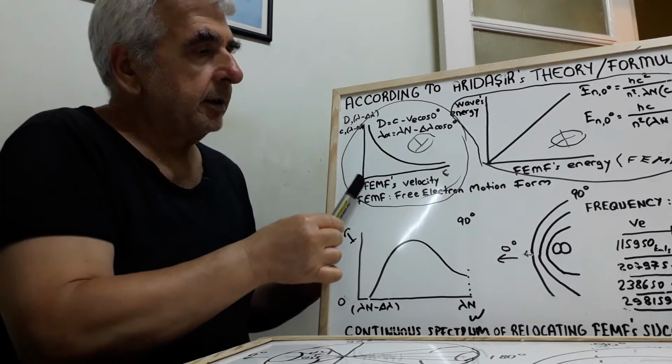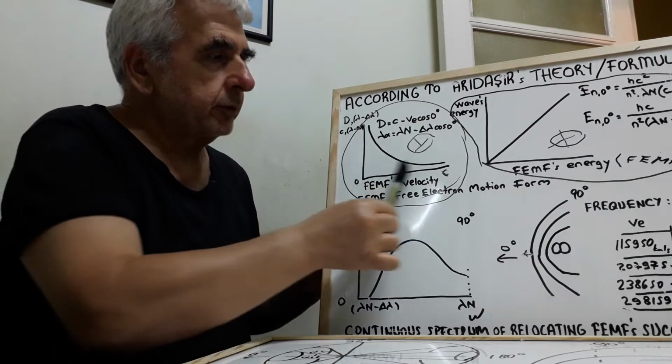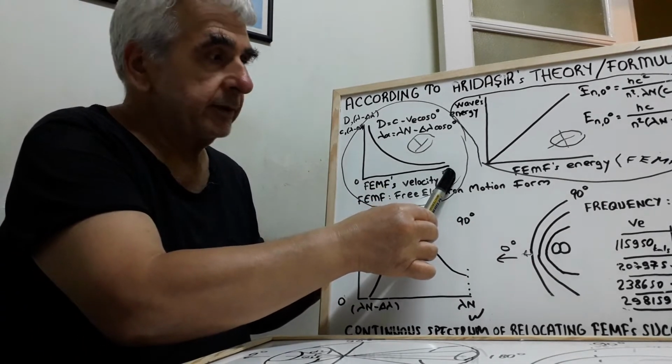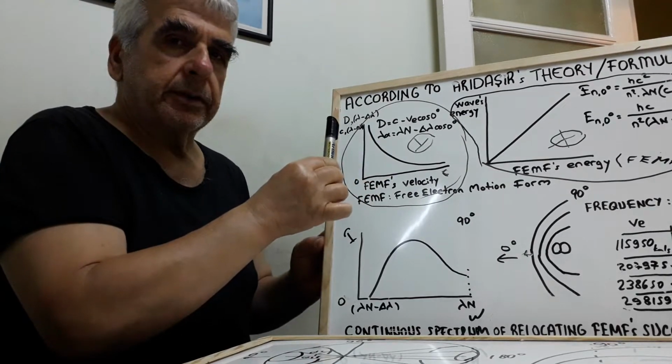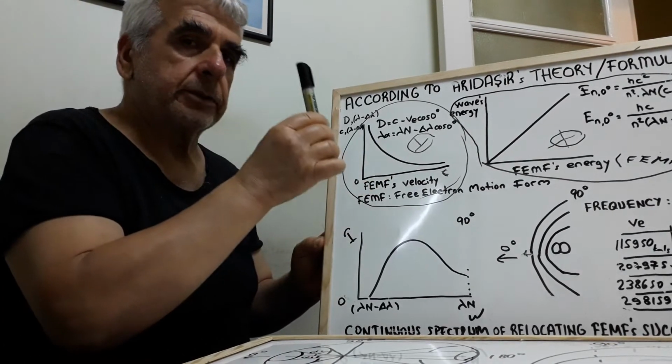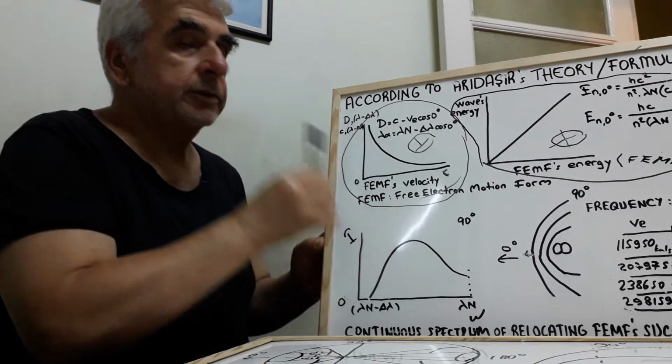If free electron motion form's velocity approaches the speed of light c, the wave velocity in the direction of 0 degree decreases, approaching 0.